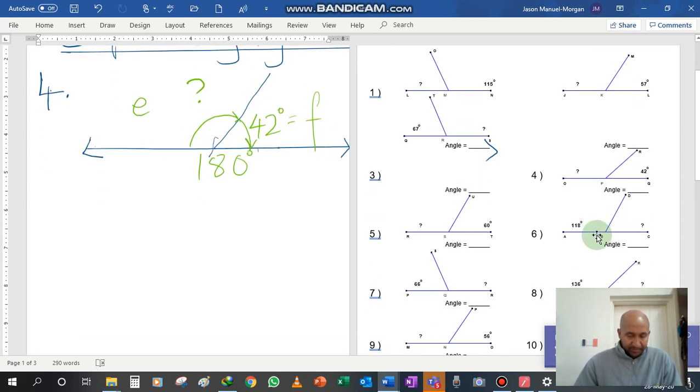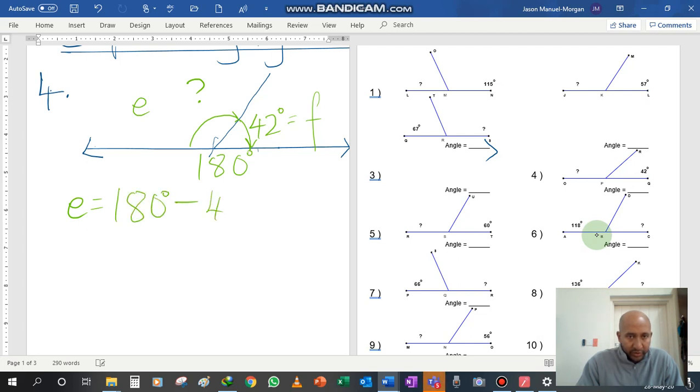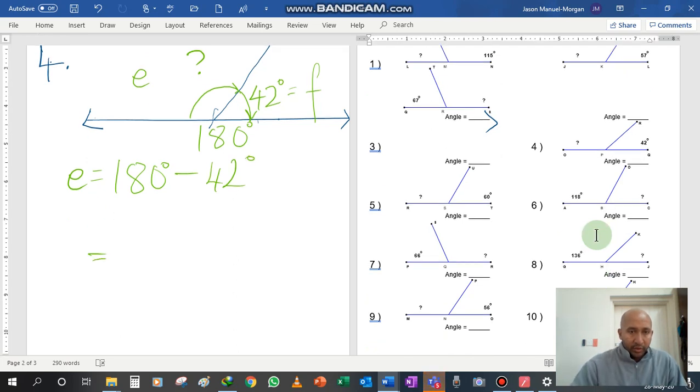So what does this mean? Simply, we are now going to calculate our unknown, which is E, and we do that by taking what we do know, 180 degrees, and subtracting the angle that we're given, 42 degrees, and we shall end up with 138 degrees.